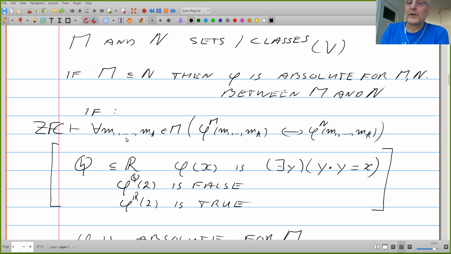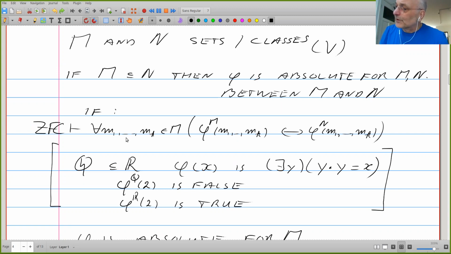So what we're talking about here is some sort of partial elementarity, if you will. We just want one formula to be absolute, and later we will be wanting finitely many formulas to be absolute.